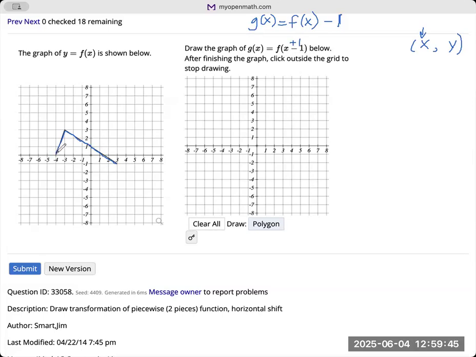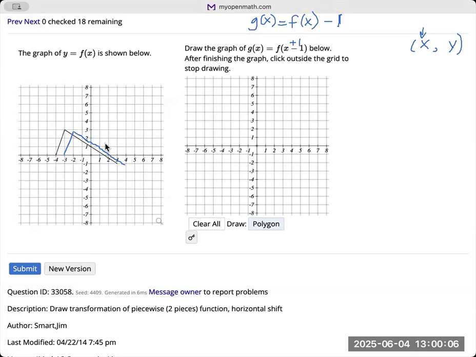So let's look at how we can do this. What's literally going to happen is we're going to see this graph picked up and moved to the right, which is the positive horizontal direction, 1 space. And there we go. That is g of x.